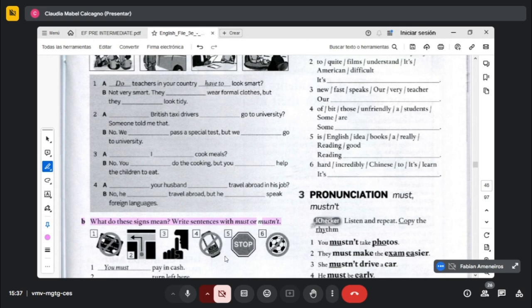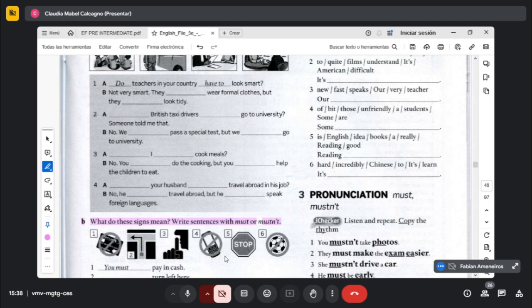Okay, good. Be careful with the numbers. You said 5 and we only have 4. Okay, never mind. So, number 3 we have, do you have to cook meals? And B, it says, no, you don't have to. You have to help. And number 4 is, does your husband have to?